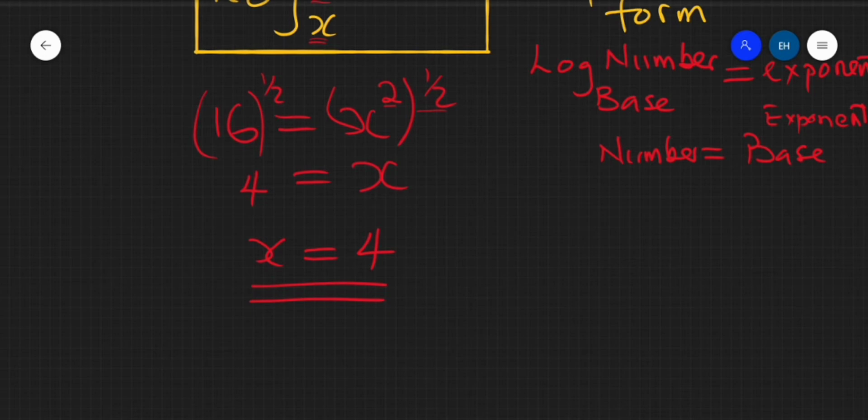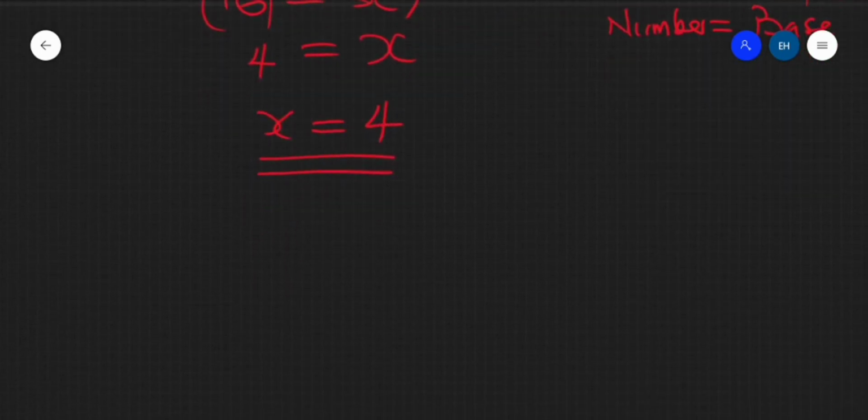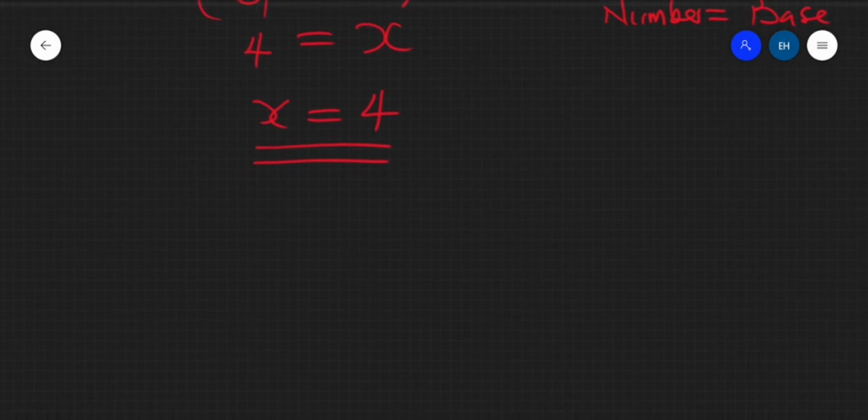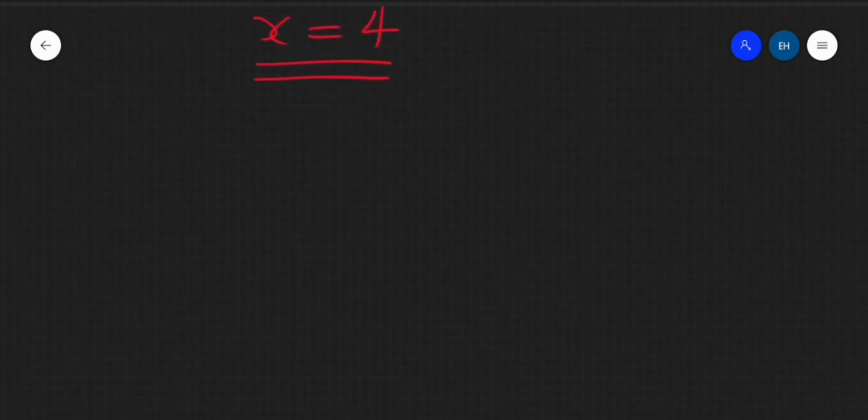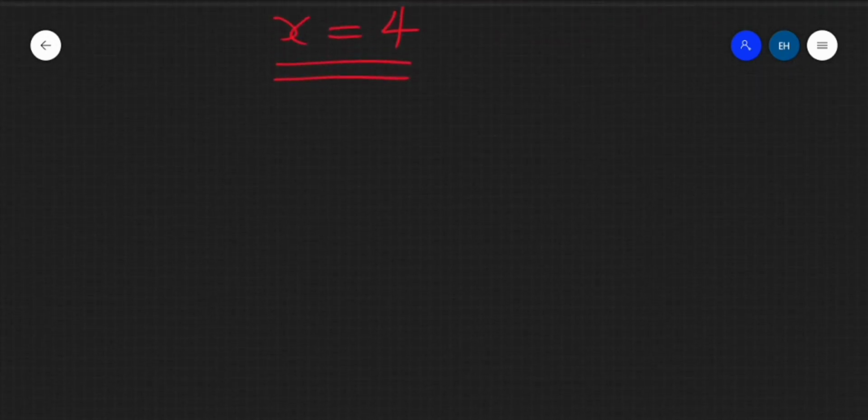Okay. Let's look at example number 2. Example number 2. We are to solve for x again.